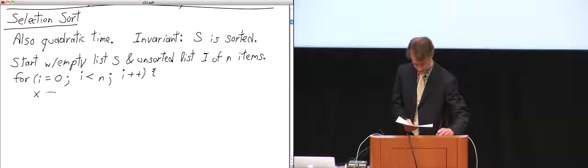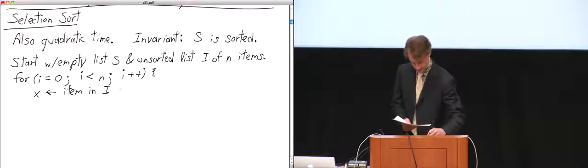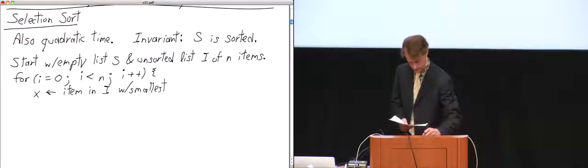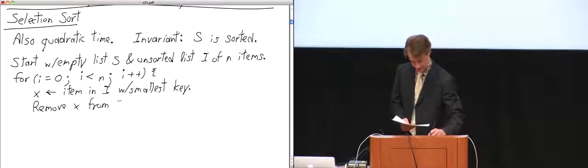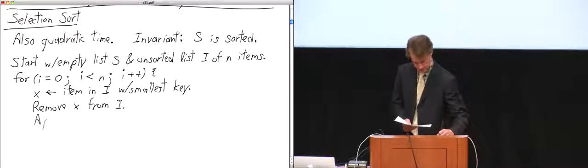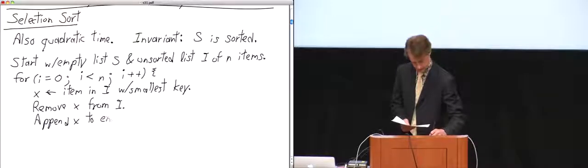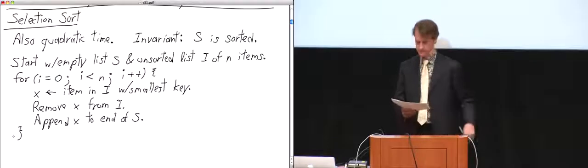We're going to let x be the item that's still remaining in the unsorted list that has the smallest key. We're going to remove that item from I and append it to the end of S. That's the algorithm.